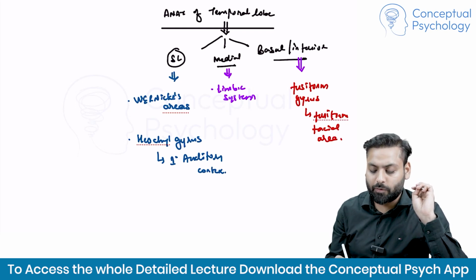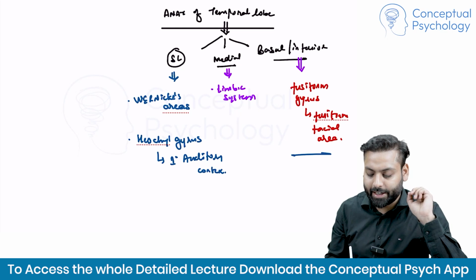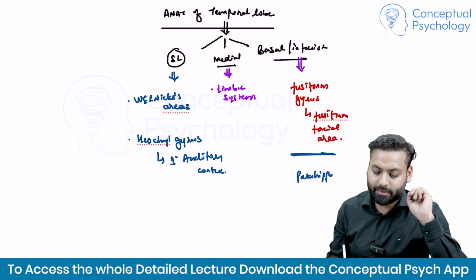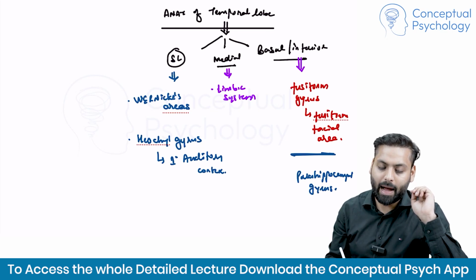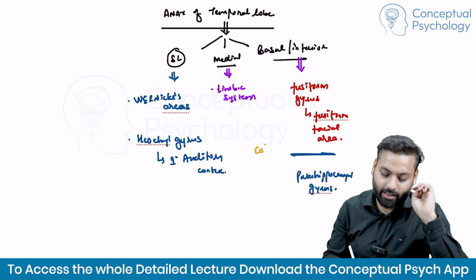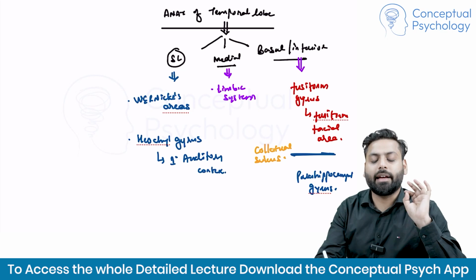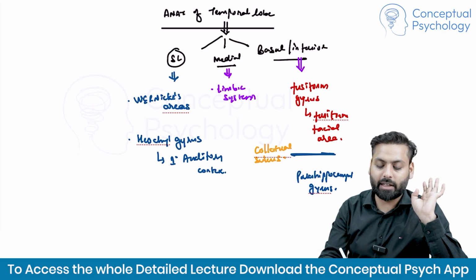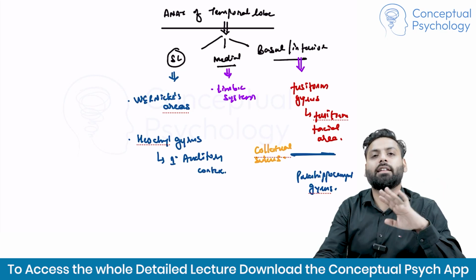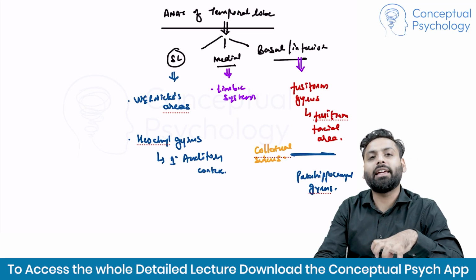And this fusiform gyrus is separated from the parahippocampal gyrus by the collateral sulcus. Currently, this is all jargon for you, but write it once, then we will understand.